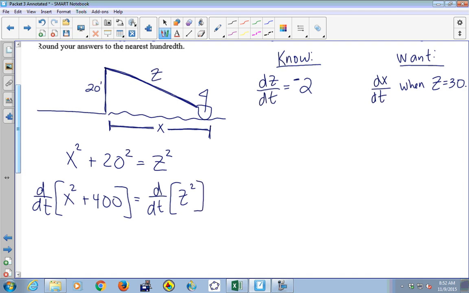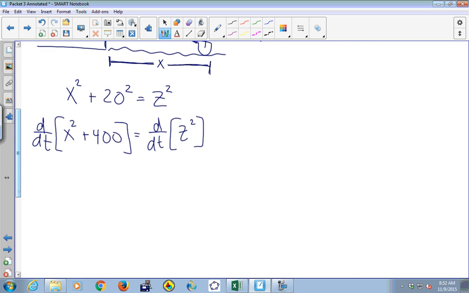No, it's just d dt, just like last class when we did d dx of both sides. Just take the derivative of both sides. Okay, so I take the derivative of both sides, and I'm taking the t derivative, the derivative with respect to t, which means t is the independent variable.